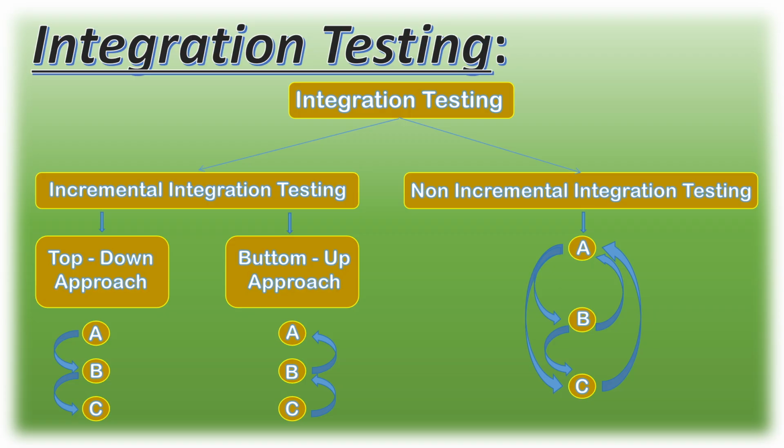For incremental integration testing, I can give you another example. If you have seen some HRMS application, suppose at the top level the CEO is there, and below the CEO some managers, and all the managers have different team leads, and each team lead has some test engineers under them.